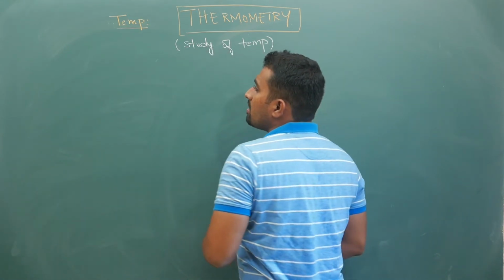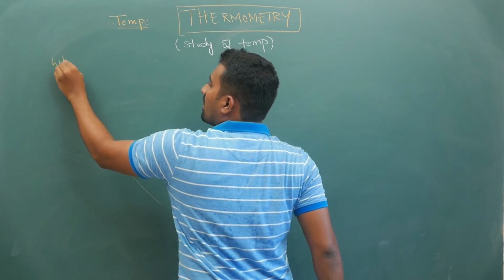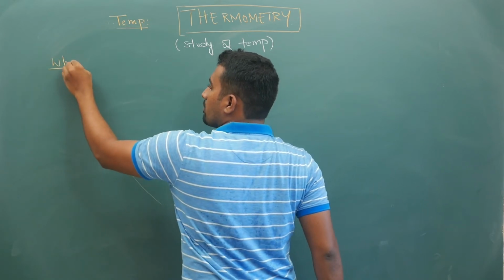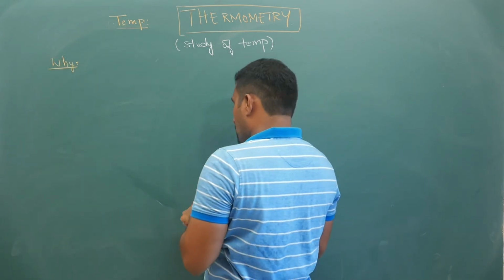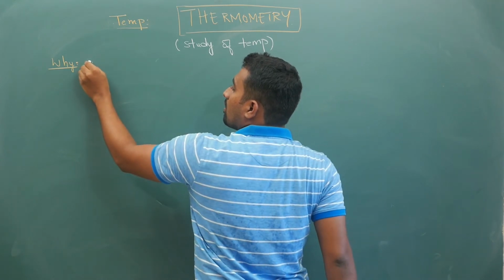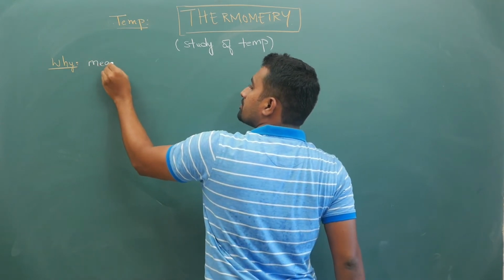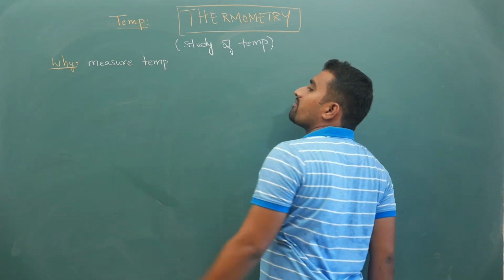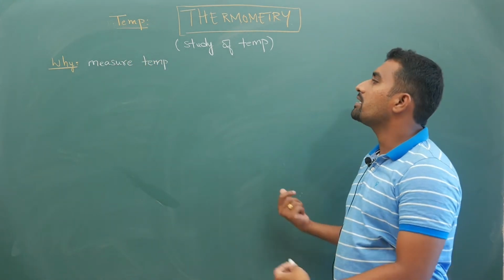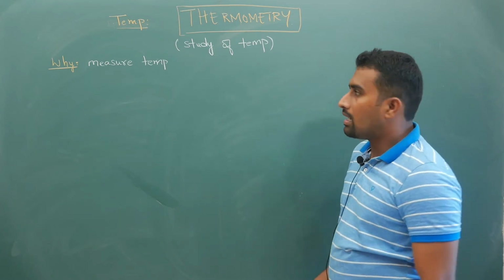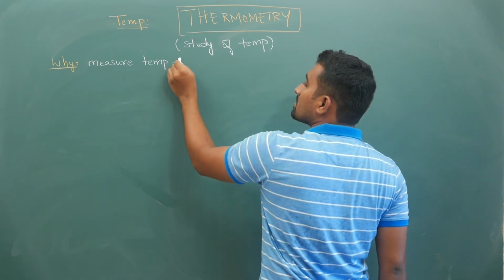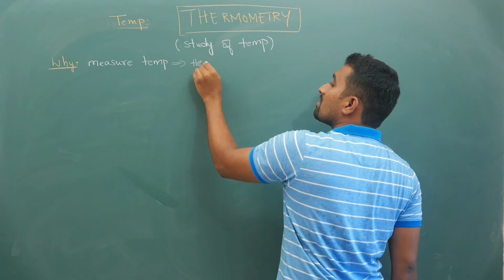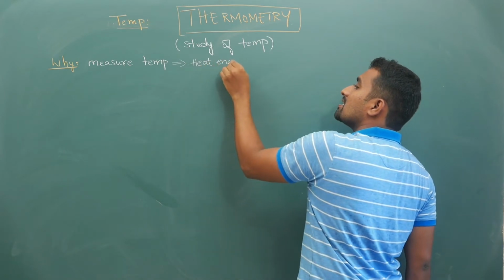But why are we studying thermometry? We need to measure temperature, and for measurement of temperature we need to study thermometry. Why are we measuring temperature? Indirectly, for the heat energy difference.